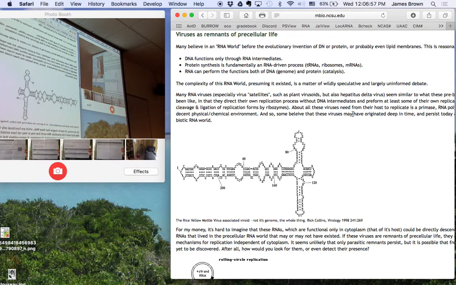Even for those who believe in an RNA world, the complexity of that is a matter of some debate. And so some people will tell you that there may have been an RNA world, but it was taken over. As soon as you had a self-replicating RNA, it would have started coding for oligopeptides that would facilitate that process, and you would end up with an RNA protein world. Others will tell you that there was a very complicated RNA world containing most of the catalytic activities that we think of today, and that those RNAs have been replaced by protein piecemeal.